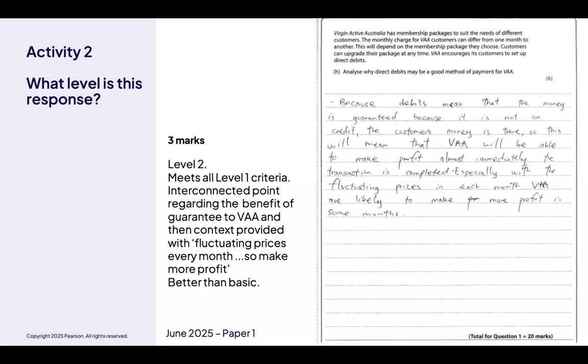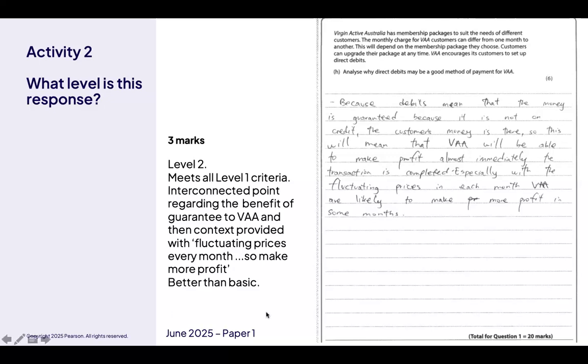Talks about fluctuating prices every month, so make more profit. And the comment was, it is better than basic. So hopefully that is giving you a real insight into the levels mark scheme and how they actually operate.